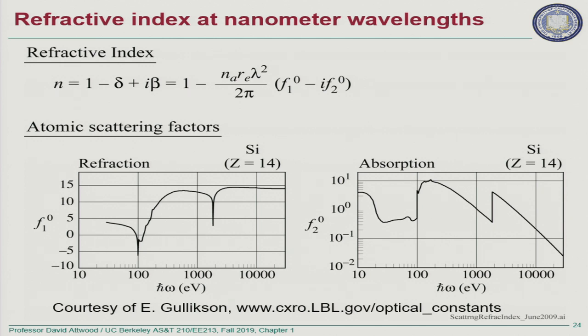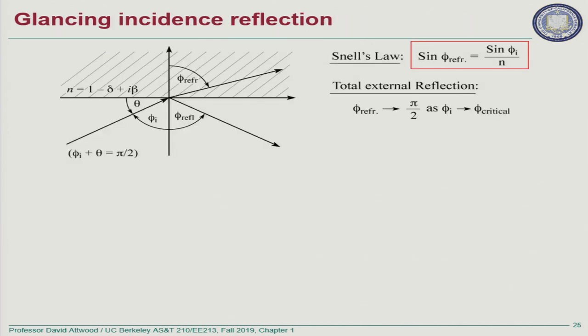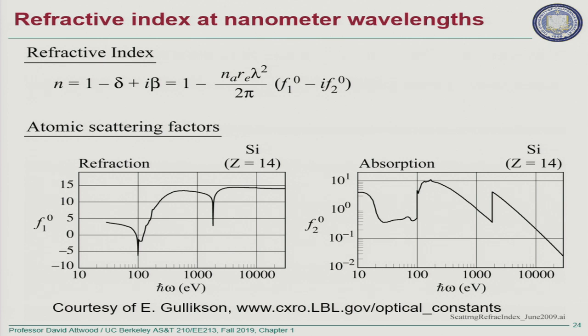But not impossible, obviously. And also on the CXRO website, they have some nice apps, like calculators for calculating index of refraction or reflection and transmission through thin films and things like that.